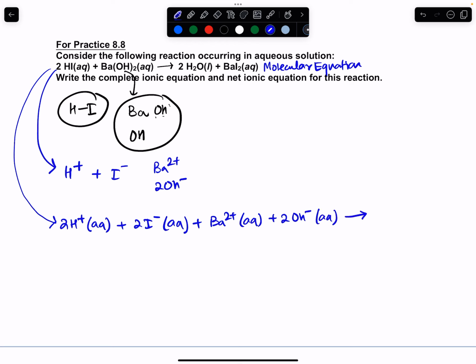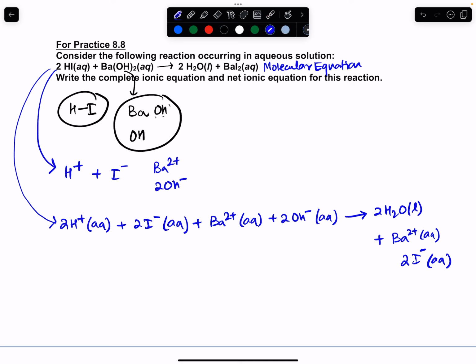And on the product side, we keep the H2O intact because that does not have an (aq) beside it, so we keep that as 2H2O. And for the BaI2, that's again an (aq), so that's going to be Ba2 plus (aq) plus 2I minus (aq). All right, so what you have here is your complete ionic equation.